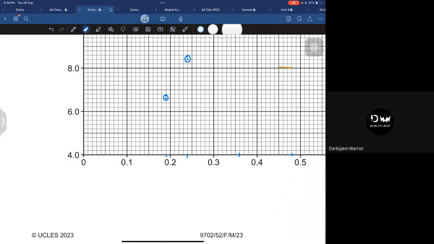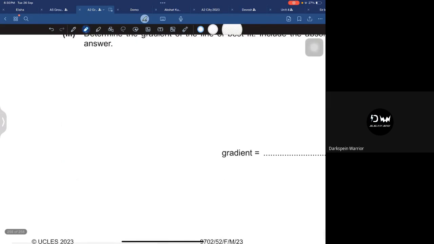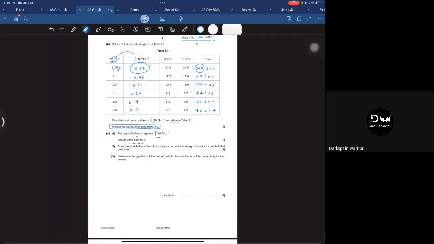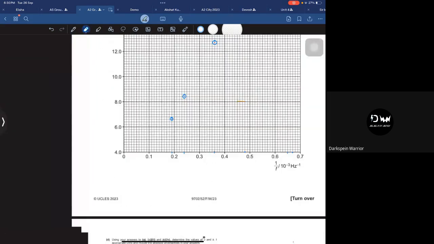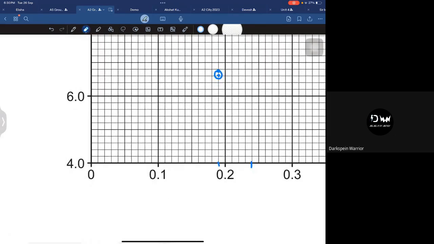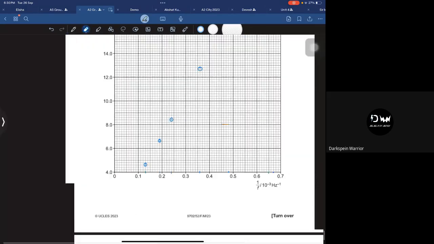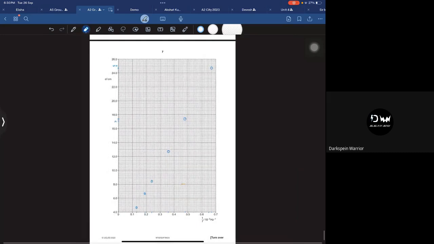Okay. Then I have the next one, which is 0.13 and 4.6. 4.2, 4.4, 4.6 right here. Do you guys get it? Like that. So now that we've plotted everything, we're good to go.